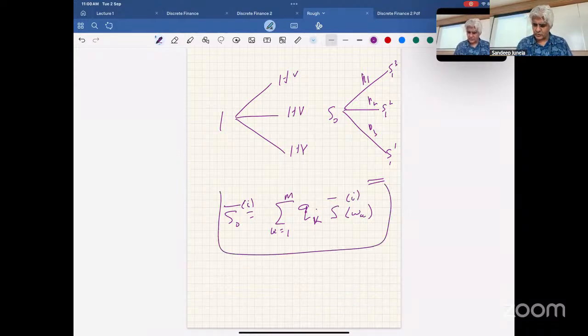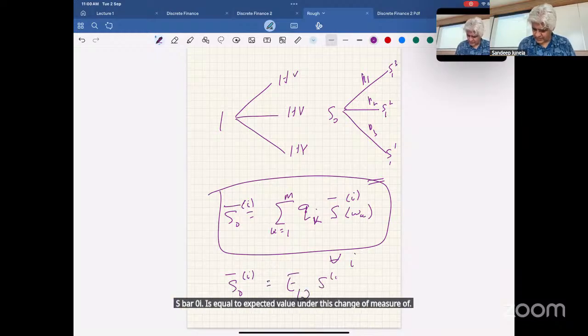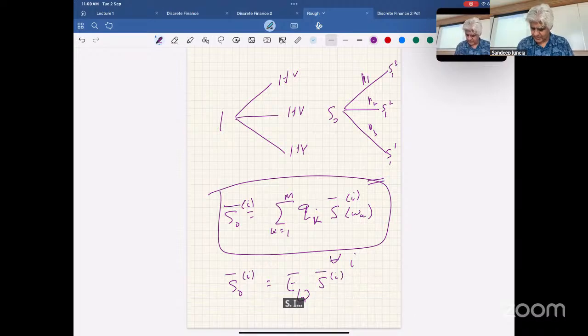This has to be true for all i. That is, S bar 0,i is equal to the expected value under this change of measure of S bar 1,i.